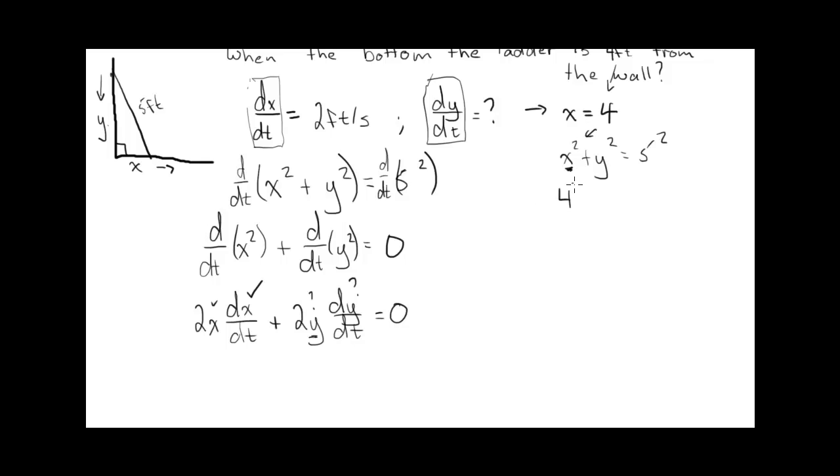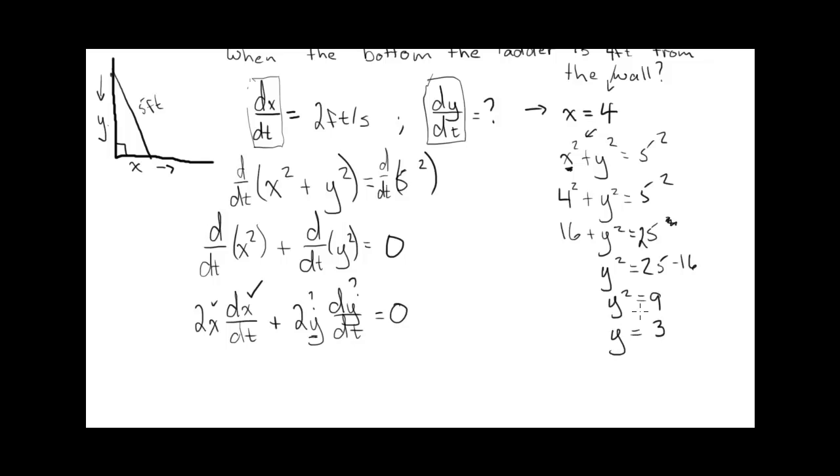So 4 squared plus y squared equals 5 squared. So that'd be 16 plus y squared. You might know your Pythagorean triples and already know the answer. So I'll just write 25. So subtract 16 from both sides. So y is equal to 3.